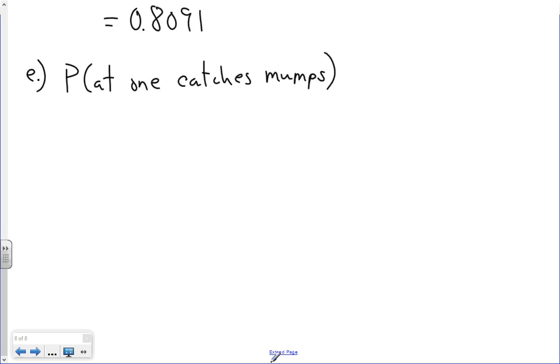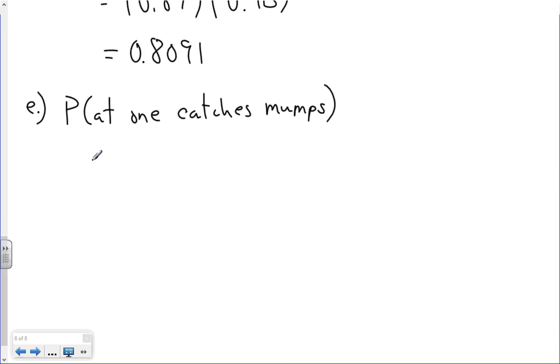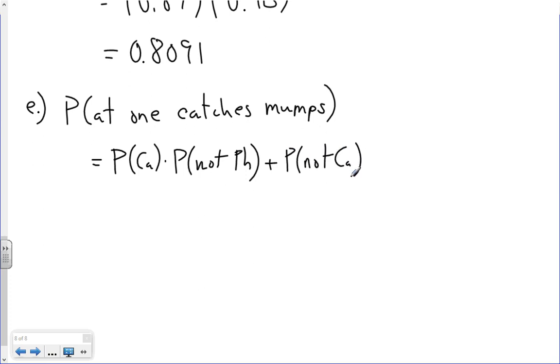There's kind of a couple ways you can go about finding this. One way to do this would be we could find out the probability that Kelvin catches the mumps, but Phoebe does not. Or it could be the other way around, the probability that Kelvin does not catch the mumps, but Phoebe does. Or it could be that they both catch the mumps.